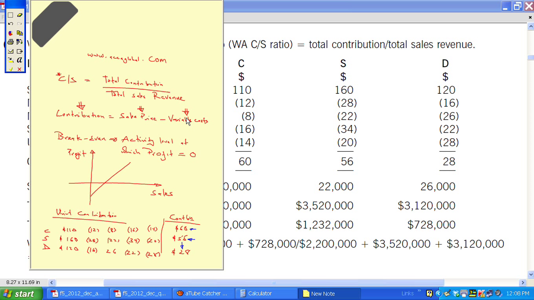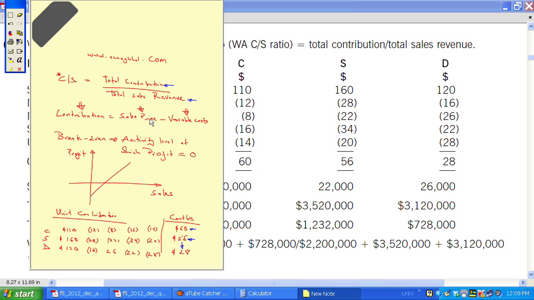So what we need now is to find total contribution, simply multiplying the unit contribution by the sales units, and then also to find the total sales revenue, which is simply the unit selling price times the corresponding sales.